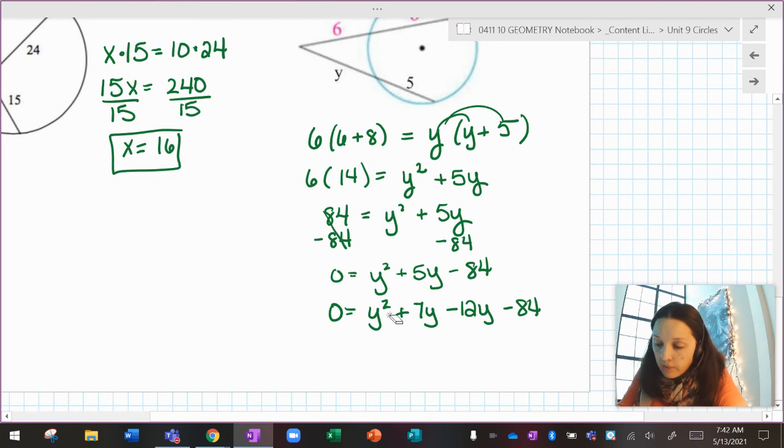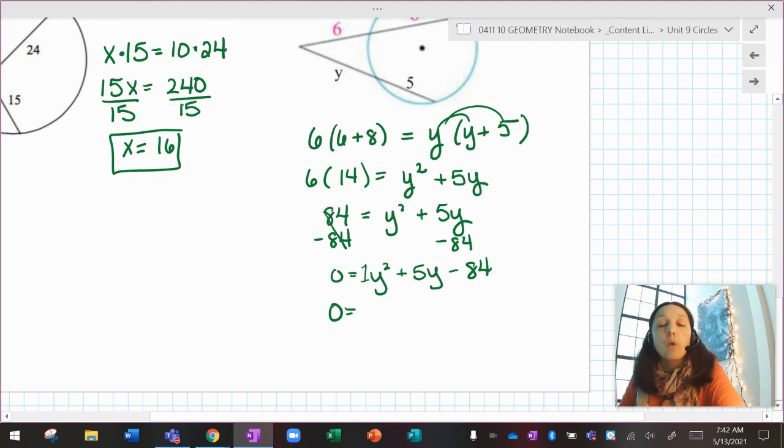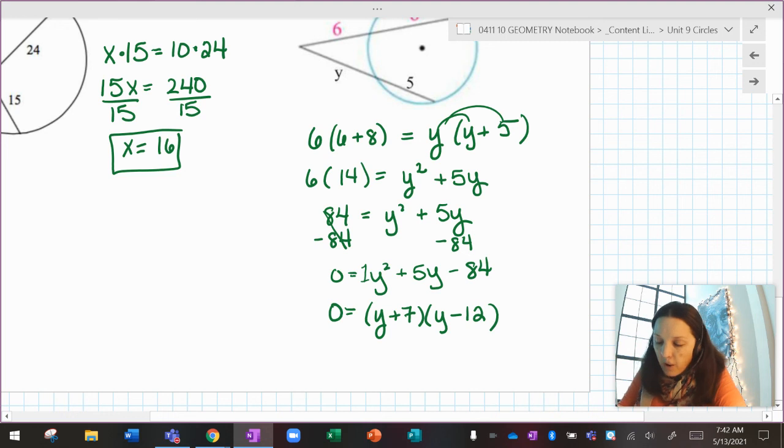Or even shorter than that, if your lead coefficient is 1, when you find two things that multiply to negative 84 and add to 5, you can create those inside of your factors. So positive 7 minus 12 is going to get me a negative 5y, so that's not going to work. So I'm going to change this to a -7 and a +12. 12 minus 7 is the +5 I need.